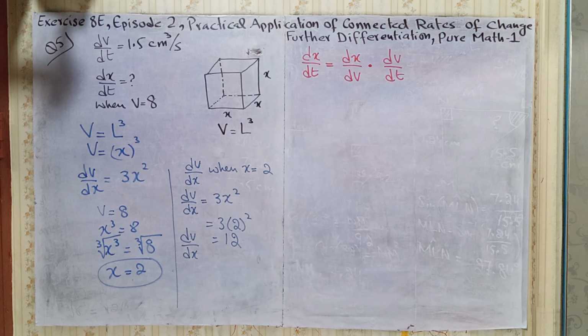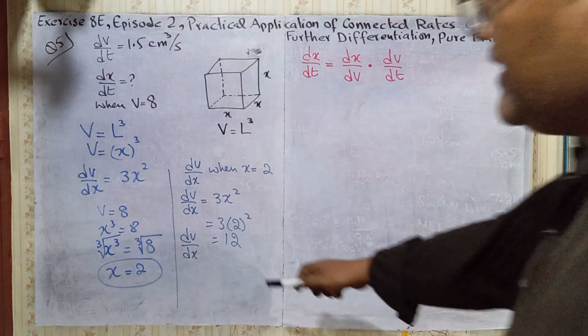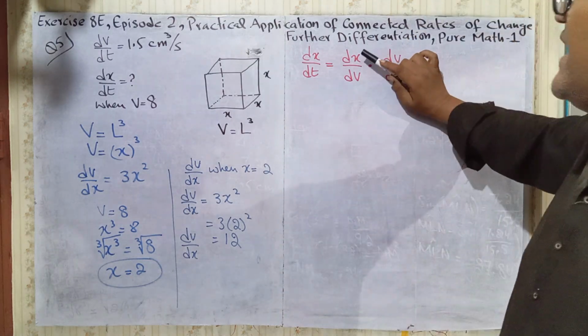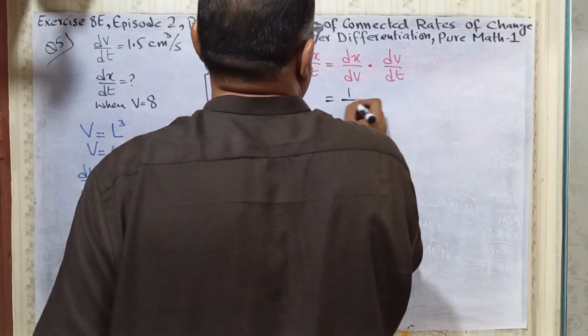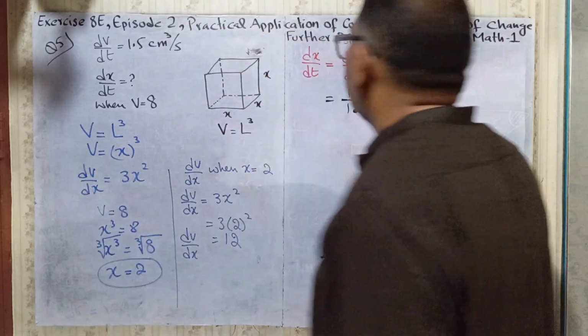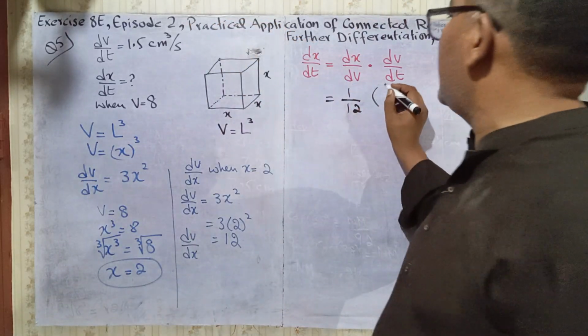Now I know the value of dV by dx, that's 12. But here I have dx by dV. So I will write 1 by 12. So this is 1 by 12 into dV by dt. They have given us that, that's 1.5.